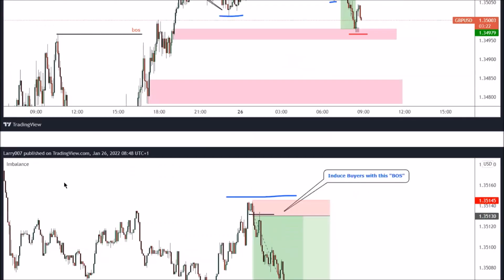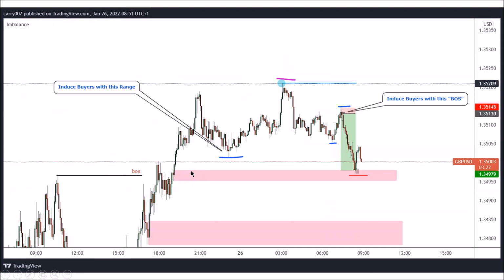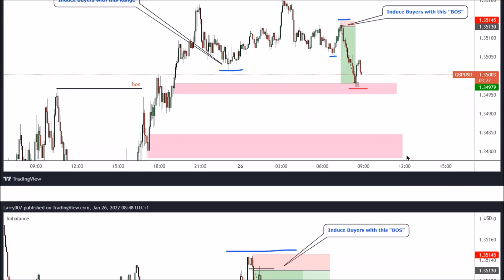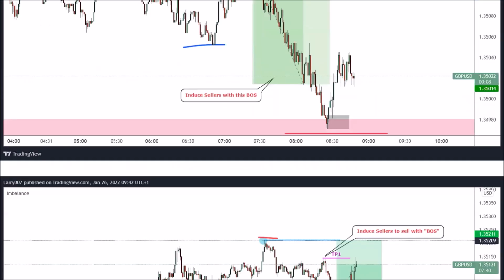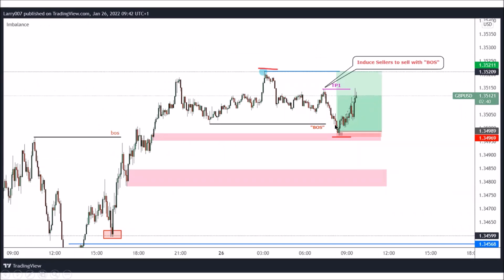As you see, we come back to the previous screen, there is a small order block here. For me, this can be a pullback order block, but it's not something I would trade from a long-term perspective. When I saw this, I was interested to buy, because now sellers are induced to sell with this breakout structure.